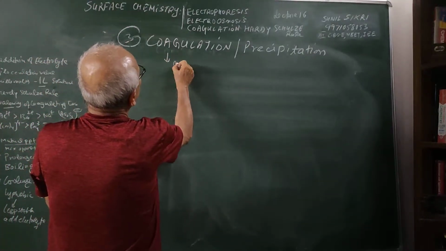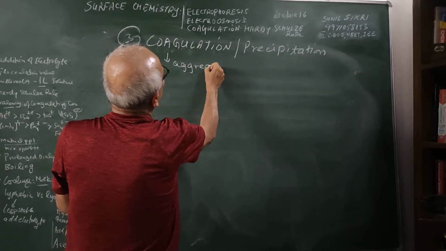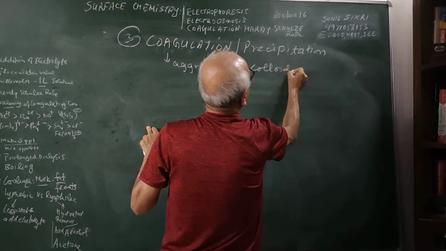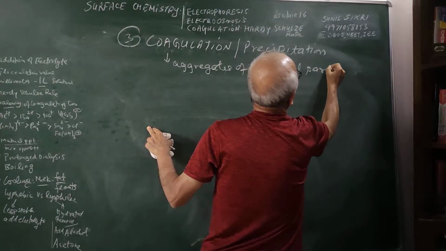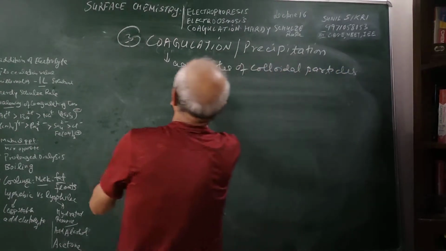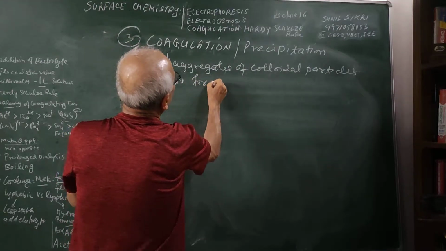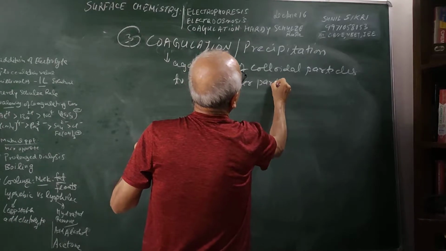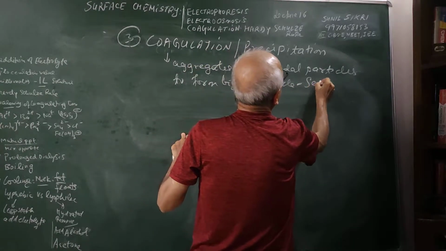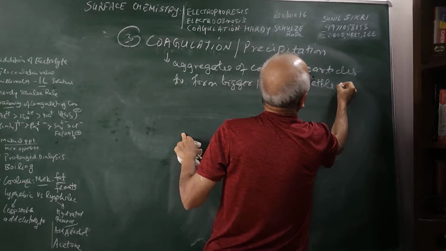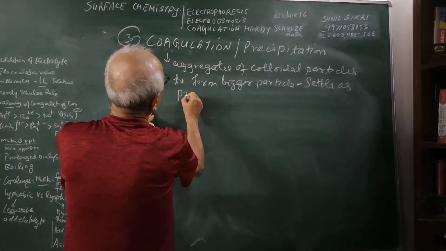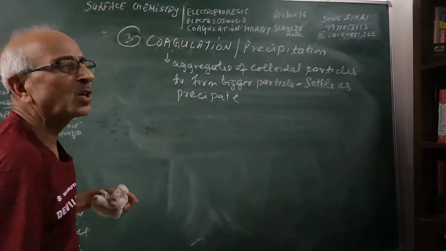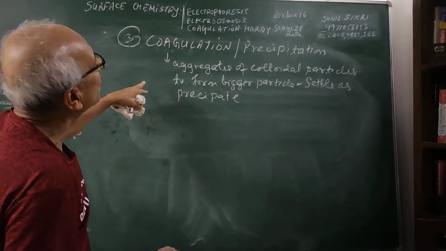So coagulation means that colloidal particles aggregate to form bigger particles, and they will then settle as precipitate. So this is called precipitation or coagulation of the colloids.